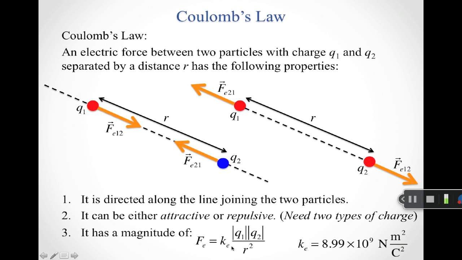They will often write the sub e to make sure we don't confuse it with the spring constant. Coulomb's constant is basically 9 times 10 to the 9th newton meters squared per coulomb squared. One thing here is that this constant is really, really large. This is basically 9 billion.